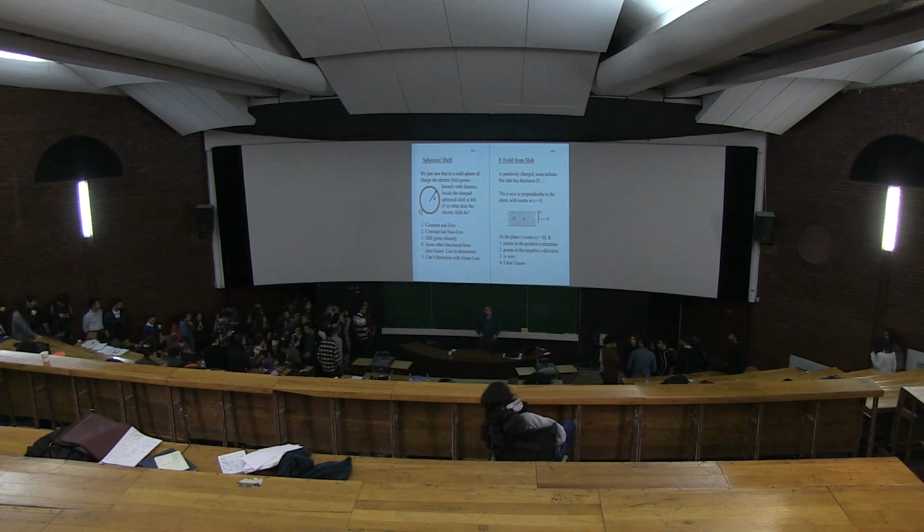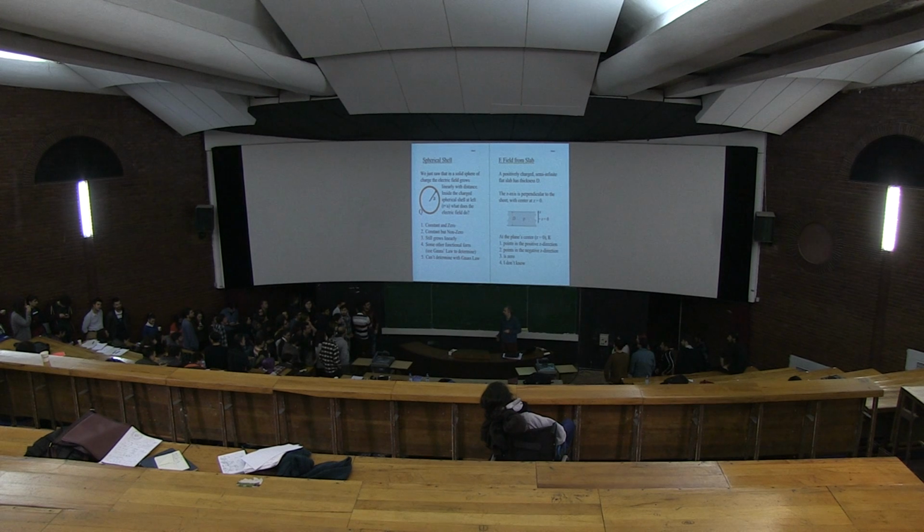Of course, to define the potential, you have to take a reference point. And the reference point is usually chosen to be at infinity. At infinity, the potential is defined to be 0. Now, the question is, if at infinity the potential is 0, what is the potential inside the shell? Is it the same as the potential at infinity? That is 1. Is it different from the potential at infinity?